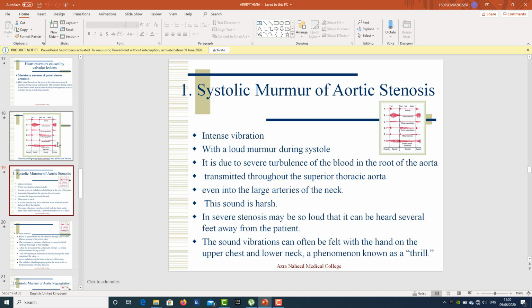It's a loud, harsh sound. In severe stenosis, it may be so loud that it can be heard even several feet away from the patient, and the sound vibrations can often be felt with a hand on the upper part of the chest and lower neck, a phenomenon known as a thrill.